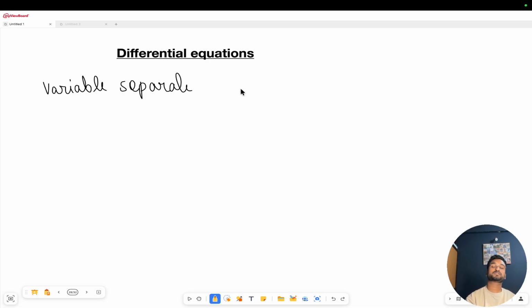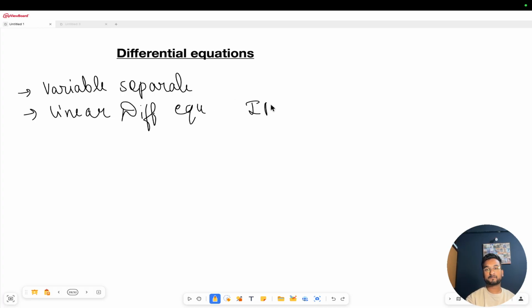In first order differential equation, there is the linear differential equation, where you find out the integrating factor. Integrating factor is e to the power integral of p dx, where the linear differential equation is written as dy by dx plus p of x y equals q of x.